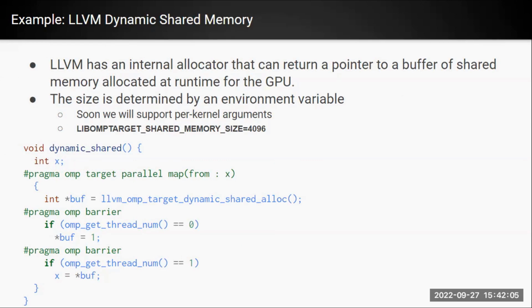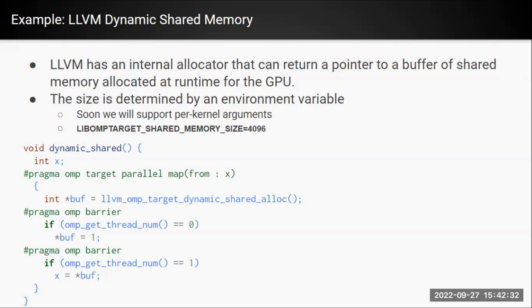That pointer will point to the dynamically allocated shared memory, and you can determine how much you want at kernel launch time. So basically, you can create a buffer of variable size at launch time, because __shared__ otherwise only works with constant sizes. So that is the way to get dynamically sized buffers. OpenMP doesn't have that.